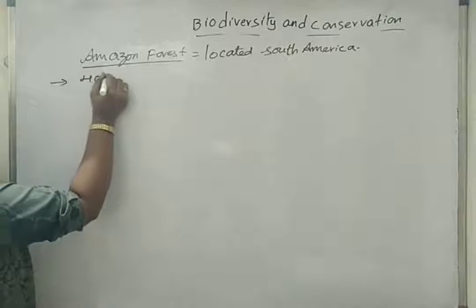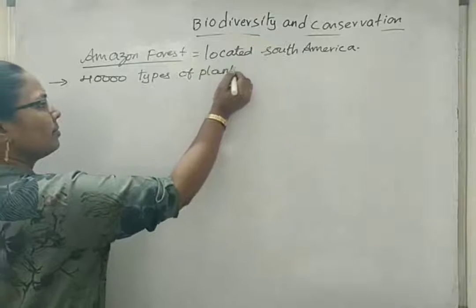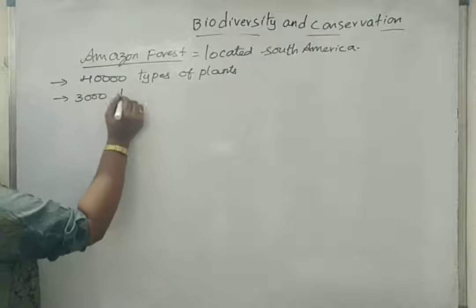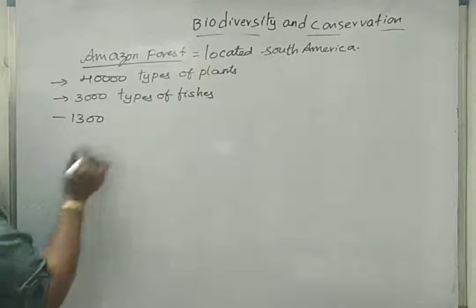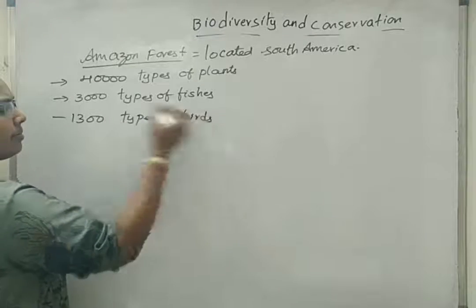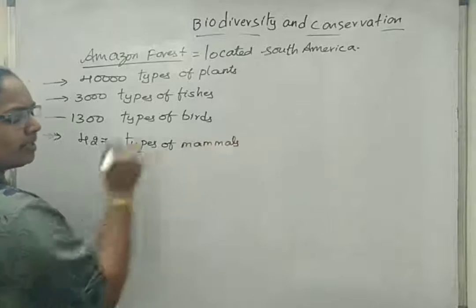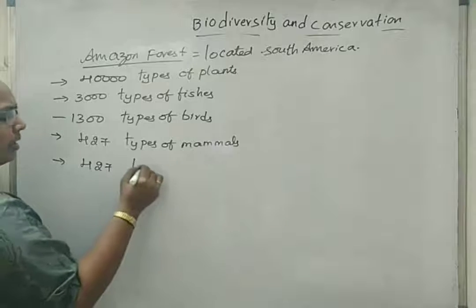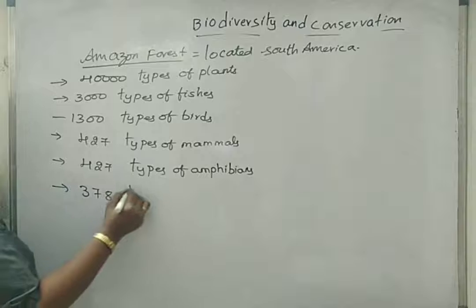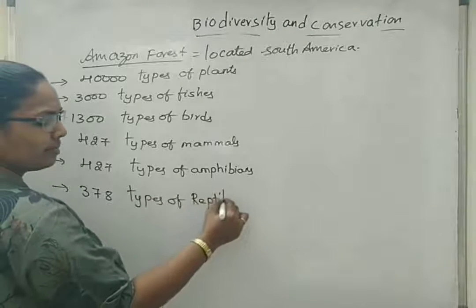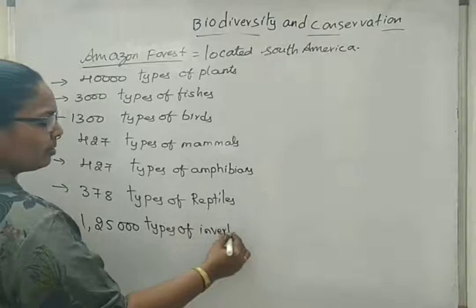It is said that there are 40,000 types of plants, 3,000 types of fishes, 1,200 to 1,300 types of birds, 427 types of mammals, the same number of types of amphibians, 378 types of reptiles, and 1,25,000 types of invertebrates.